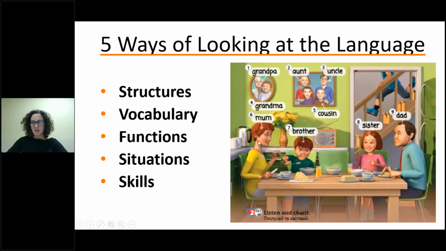We could write a dialogue between these people. Again, functions and situations are somewhere together. Or we can create another story on this image, because who's that? I guess it's Whisper. Situation: Whisper is late again. He's not going to have his breakfast. Hey, Whisper, why are you late again? And so on. So they can create a situation out of this picture. And of course, skills, communicative skills, just to play out this situation. Okay.